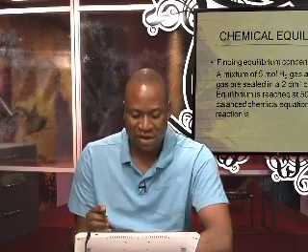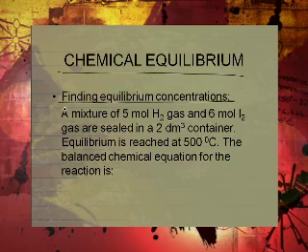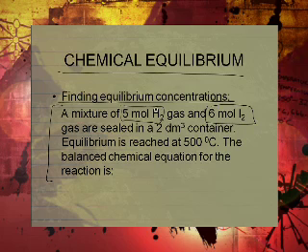Now, listen carefully. We're looking at a situation given to us here. We are told that a mixture of 5 moles of hydrogen gas and 6 moles of I2 gas, or iodine gas, are sealed in a container of volume 2 cubic decimeters. Equilibrium is reached at 500 degrees Celsius.